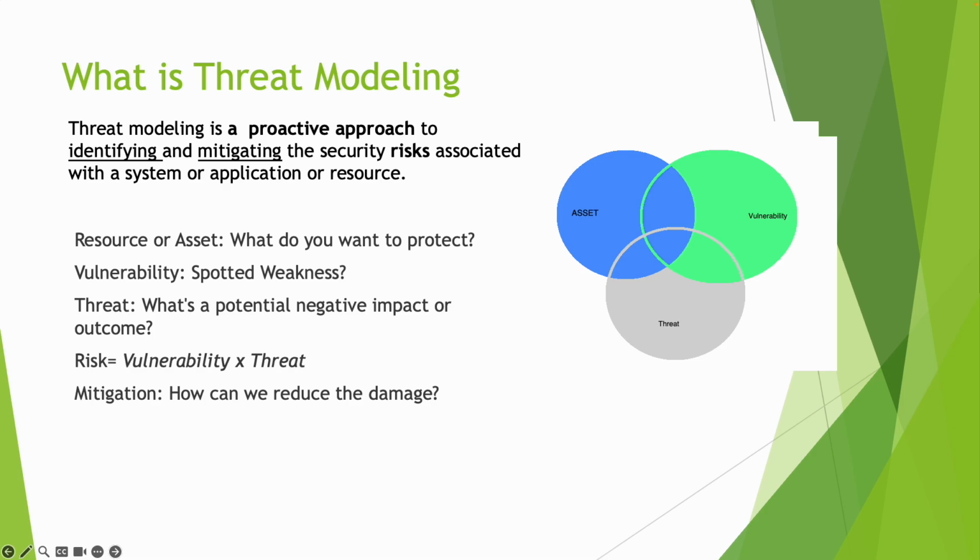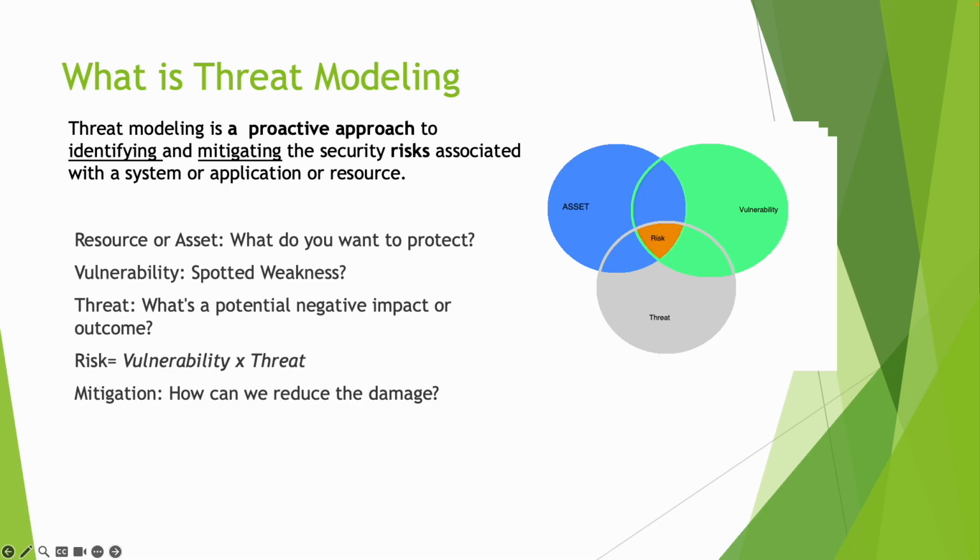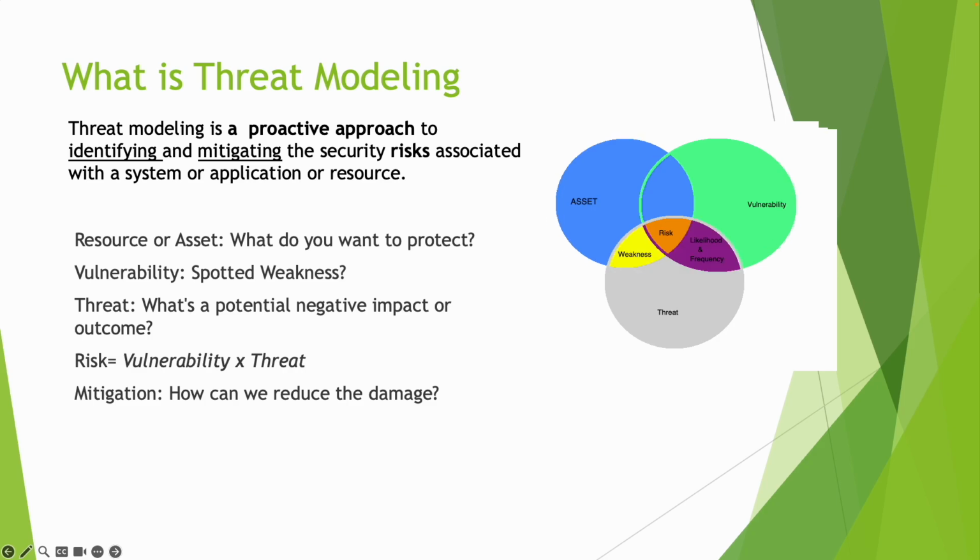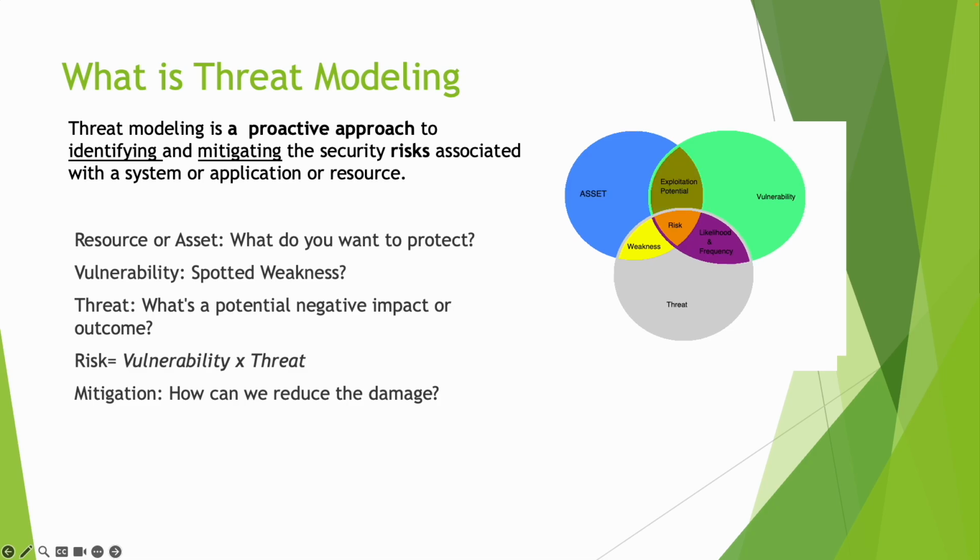So the combination in the middle part is basically called a risk, to make it very clear. And the other intersection, between asset and threat, we have something called a weakness, and the other intersection between vulnerability and threat is called the likelihood or the frequency of happening, and the other intersection that we have is between asset and vulnerability, which is an exploitation of it. So I hope now it is clear.